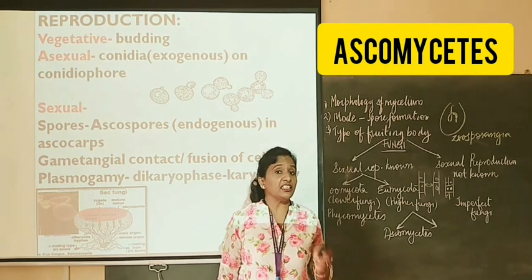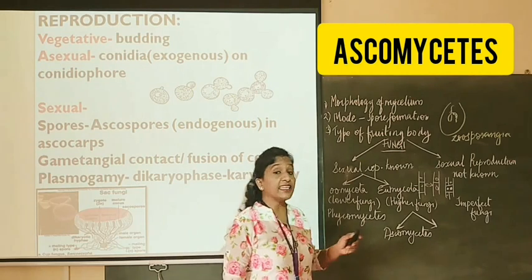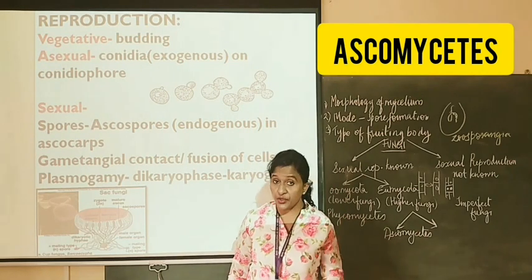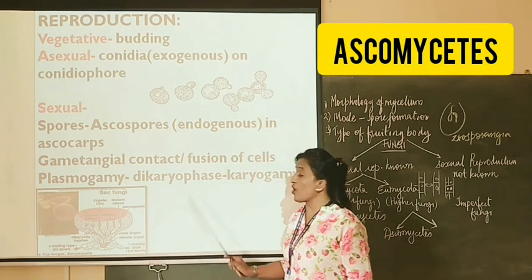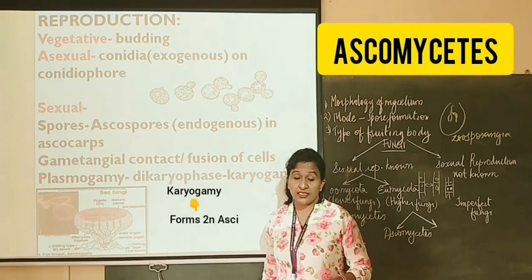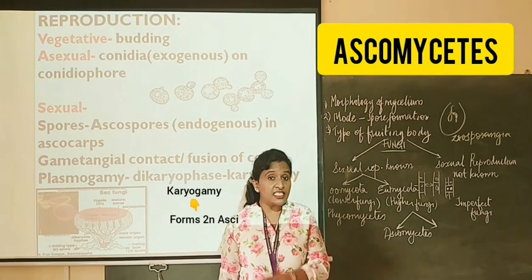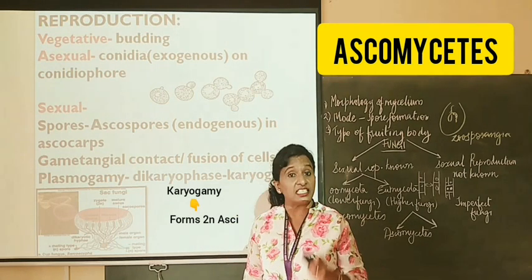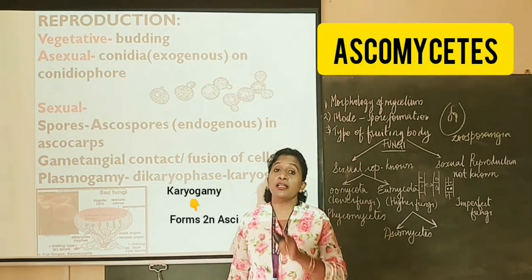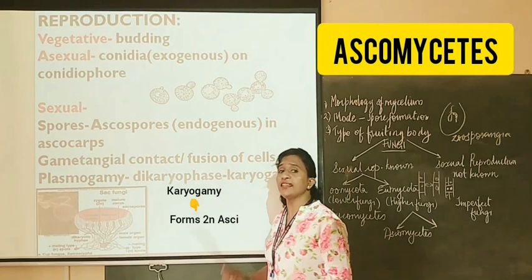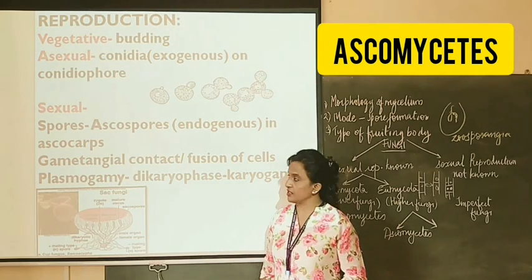The cell having these two nuclei is called a dikaryotic cell, the condition is called dikaryon, and the phase is called dikaryophase. We had also discussed that this dikaryophase in ASCOMYCETES and BASIDIOMYCETES will prolong for many generations, and then karyogamy will take place.